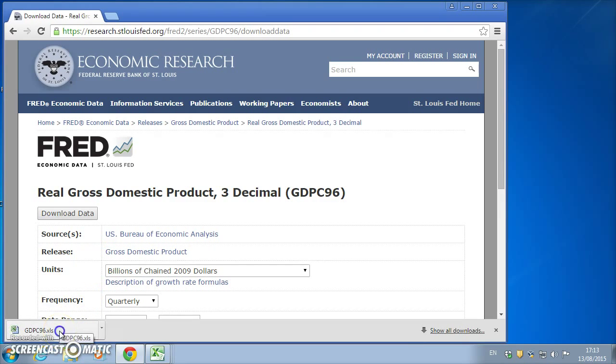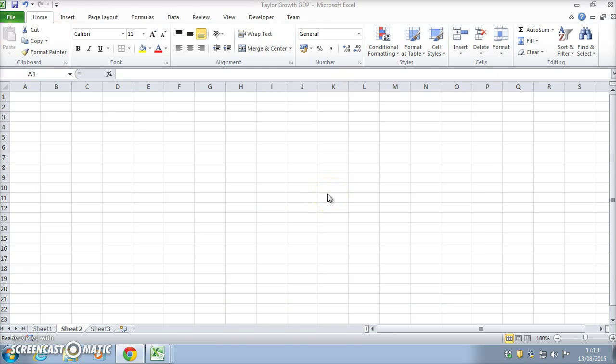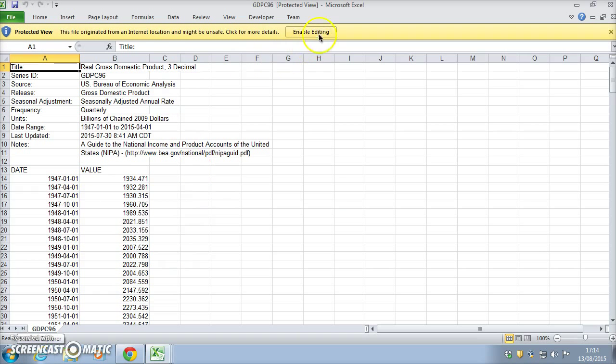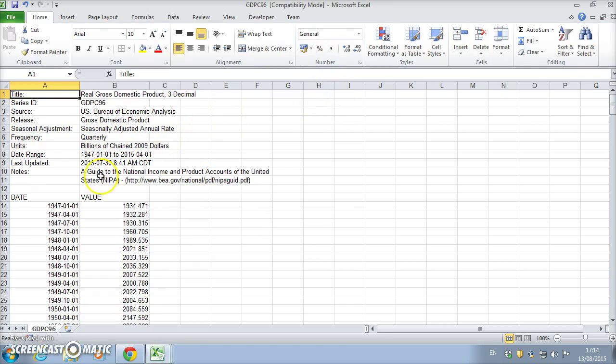Let's open the data up. And the data appears. We'll enable editing. So it's being directly downloaded from the Federal Reserve of St. Louis, stretching back to 1947 and going up to 2015.